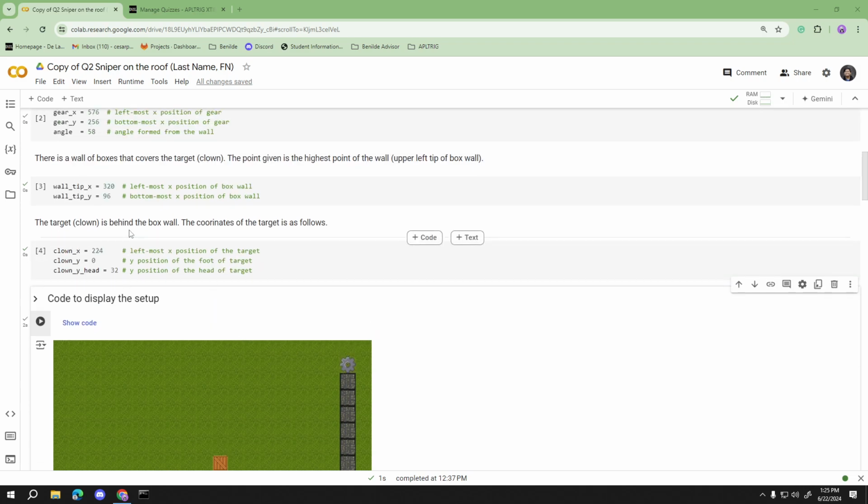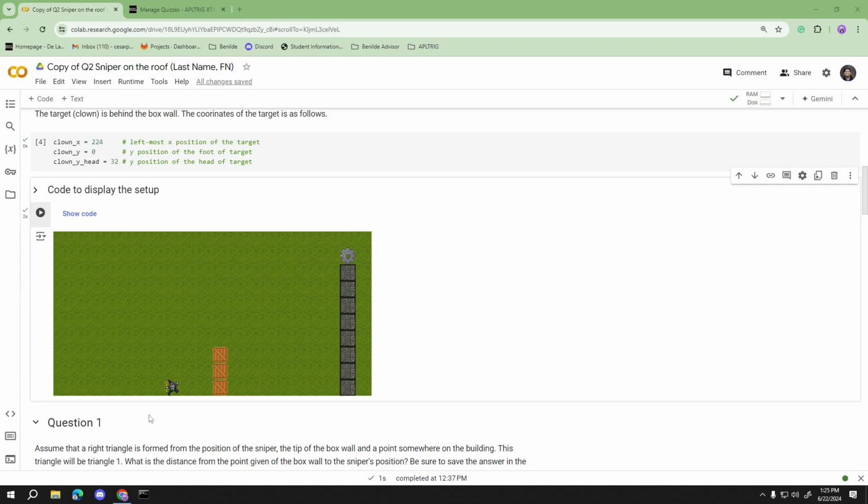The target, the clown, is behind the box wall. The target is as follows: the X is 224 right here, and the Y is 0 down here. The head is at 32. Right, so this is a really rough display of it.